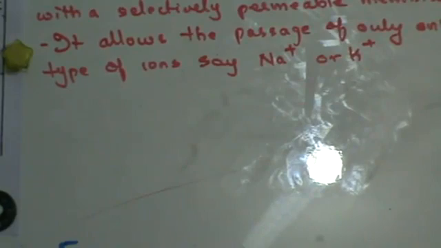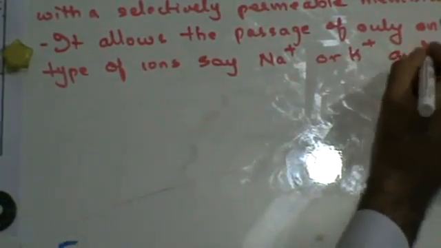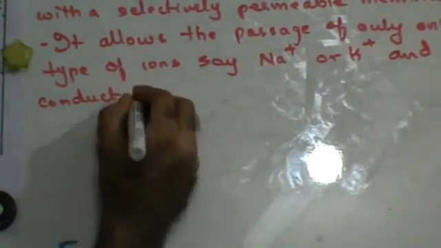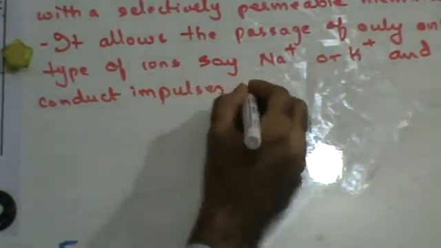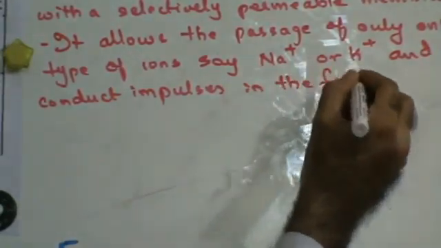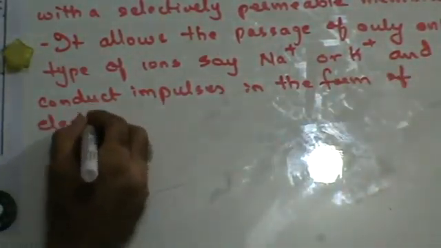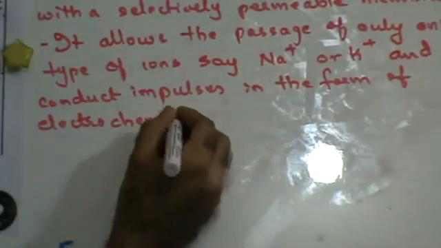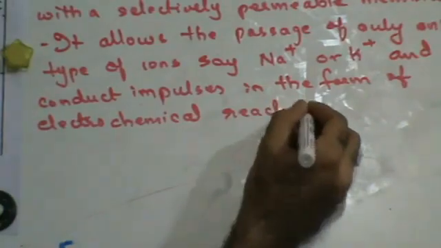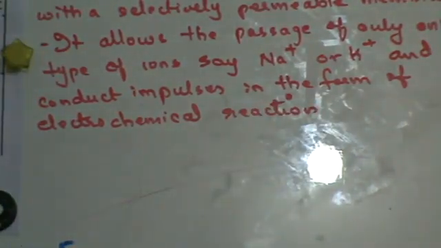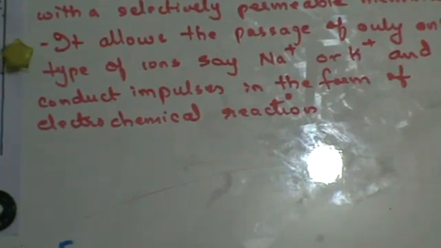So it would allow sodium or potassium ions and conduct impulses in the form of an electrochemical reaction. Since it allows only one of the two ions to pass through, that's how a charge would be developed, and that's how you would have an electrochemical reaction when it is stimulated.